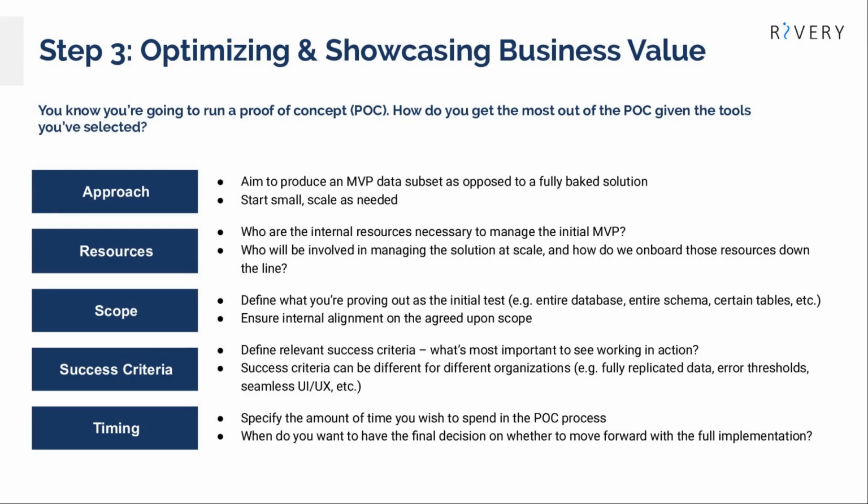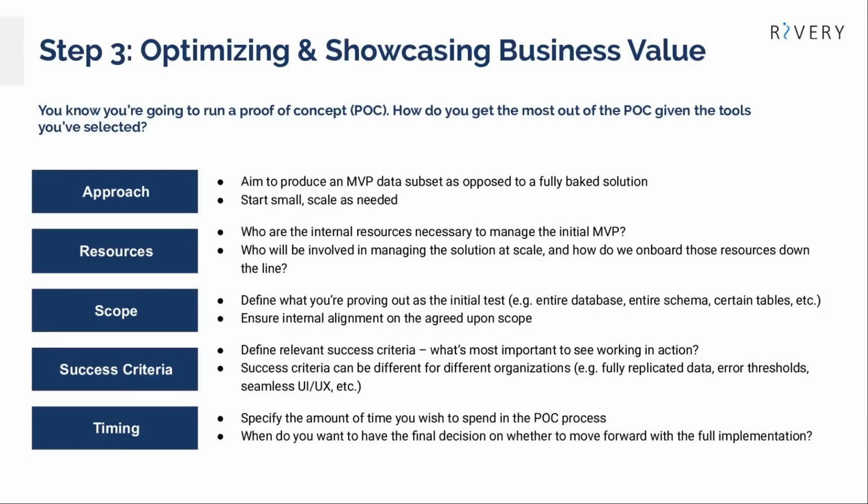You want to define what the data is and how much data you want to migrate in terms of scope. So internally, align on the extent of the scope based on business value and be very specific on what that is. For instance, there may be 5 relevant sources and you only want certain tables from each source, or maybe there are 5 sources and 2 are more mission critical. And as a result, the tables from that source are all you need to get to the MVP. So decide on what that scope is up front.